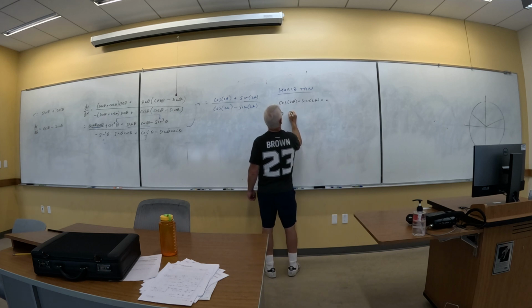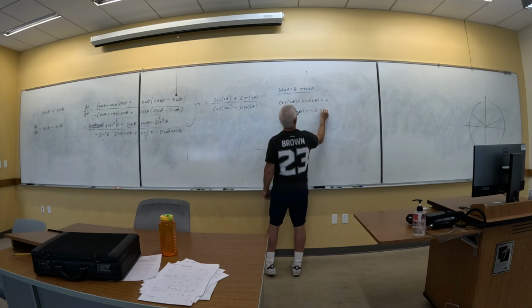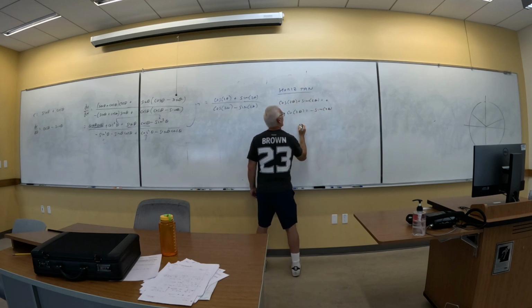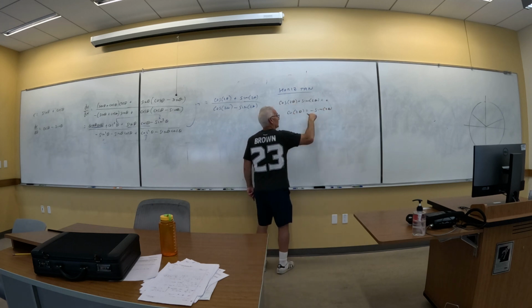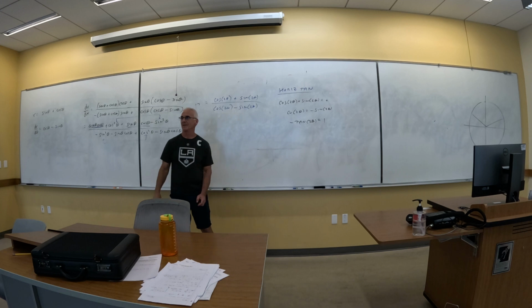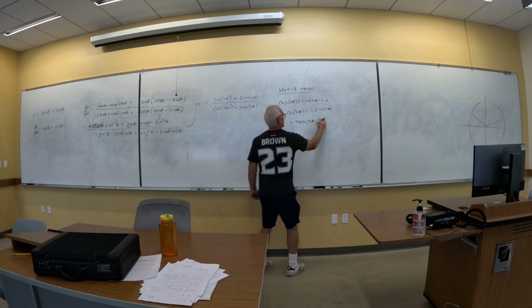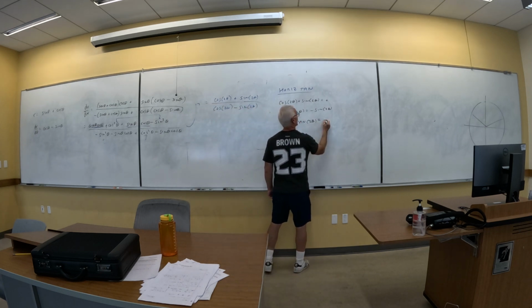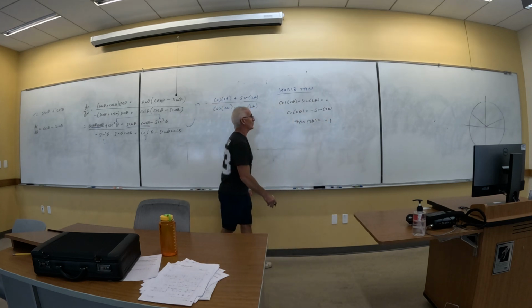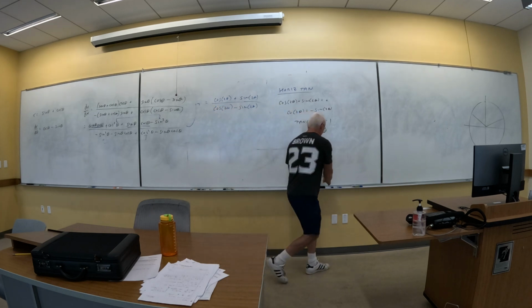Or I could make it the cosine of 2 theta equals the negative of the sine of 2 theta, or I can go a step further. How about the negative tangent of 2 theta equals 1? Ooh, that might be a little easier, huh? Make it simpler. How about tangent of theta is negative 1? So when is the tangent function negative 1?